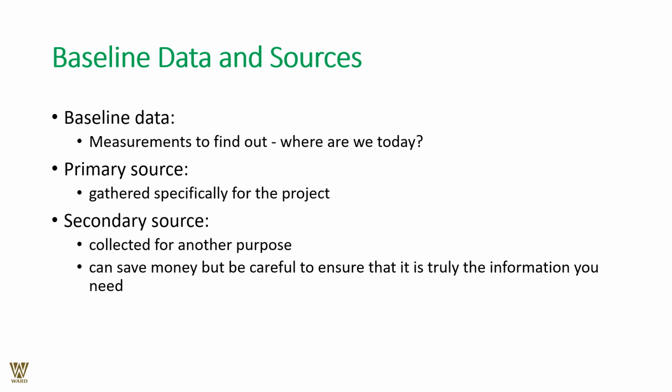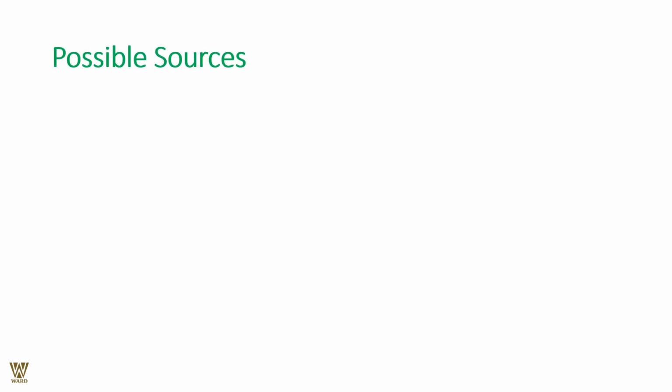But on a sunny day, it might not be the case. So there are the primary sources and the secondary sources. So how do umbrella sales go around it? Probably during the rainy season, definitely yes, there is a hike in the price of the umbrella, and also a hike in the sales of the umbrella. So secondary sources can be collected for other purposes and can save money, but be careful to ensure that this is truly the information you require.